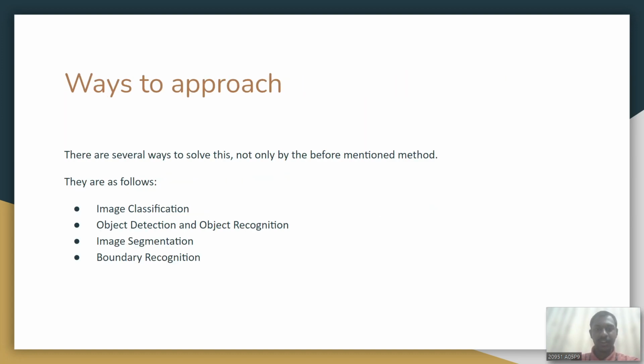Moving on, there are ways to approach this, and the four common ways are image classification, object detection and recognition, image segmentation, and boundary recognition. Coming to classification, we are actually stating that there exists something.